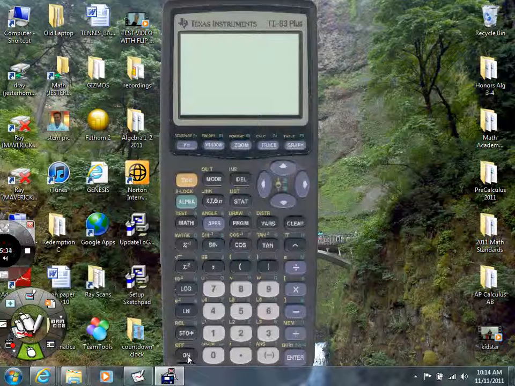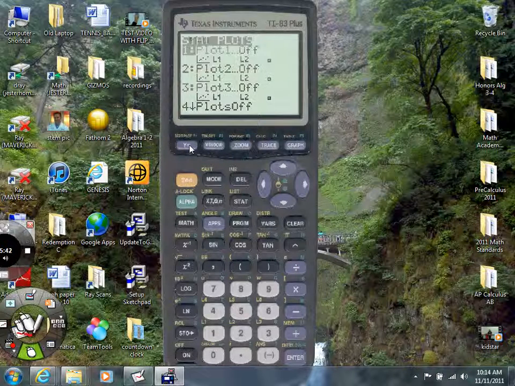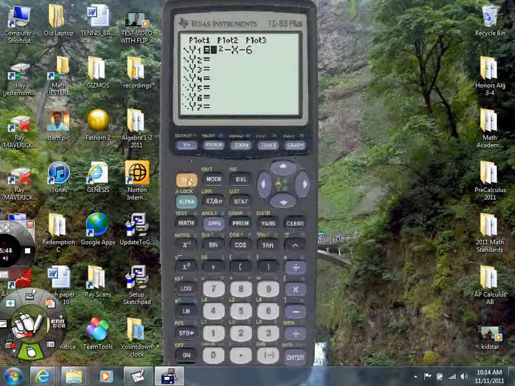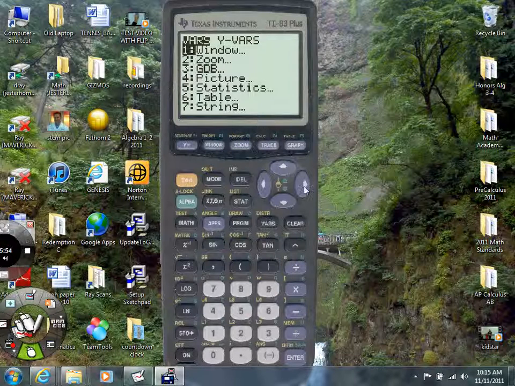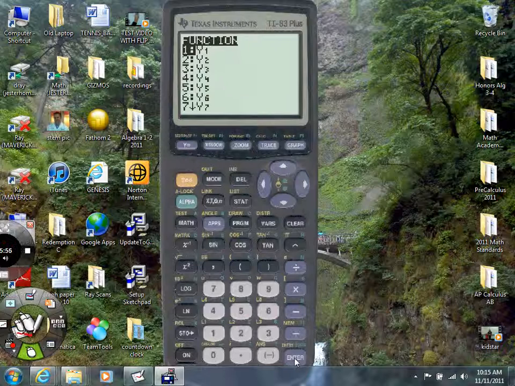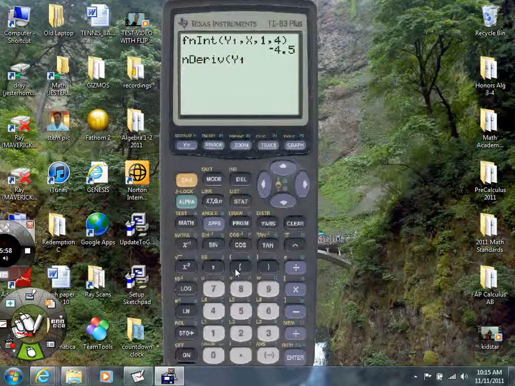So here's my calculator, and it looks like that, of course. I put the function into y1 equals, and then get out of there, and then we do math 8 and vars, y vars, put the function in there. Now this is the old school, remember?